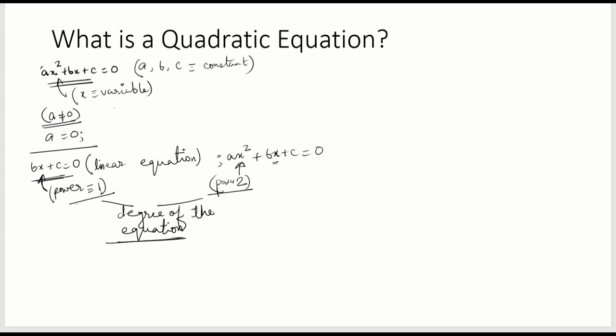It will be ax cubed plus bx squared plus cx plus d equals 0. So this is a cubic equation where the degree of the equation is 3, because the highest power of x is 3.